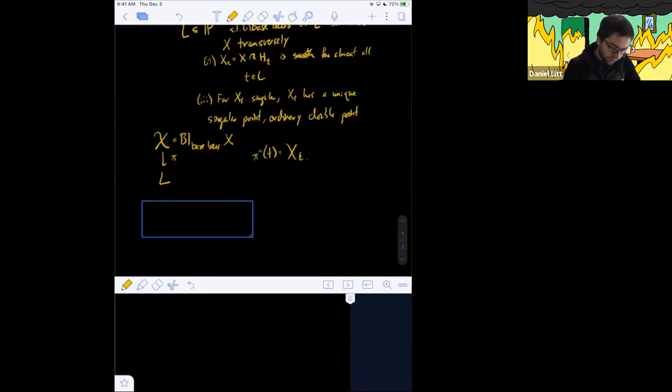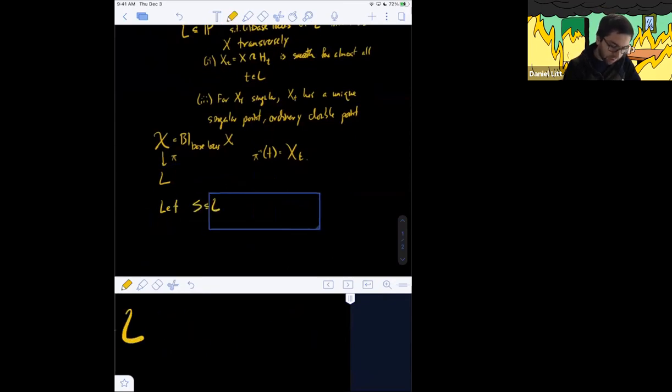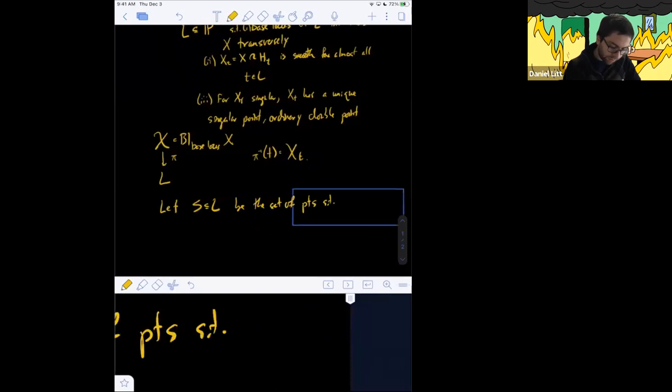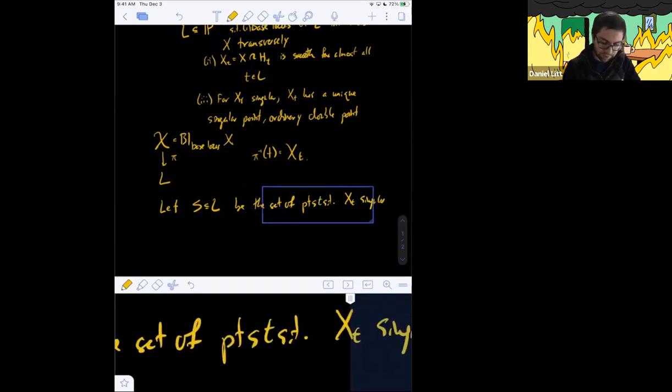Let S inside of L be the set of points t such that X_t is singular.